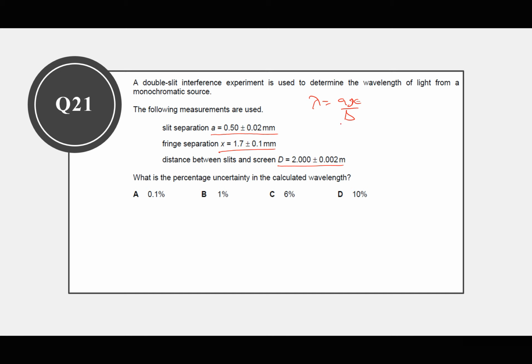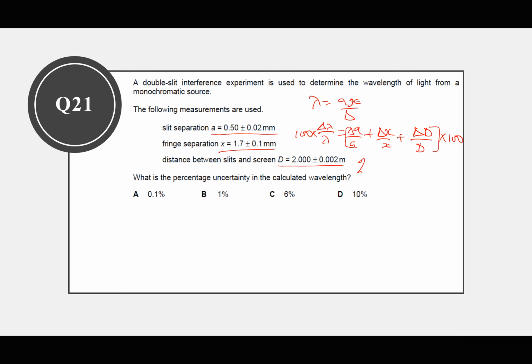Because of multiplication and division, we shall deal with fractional uncertainties. Multiply both sides by 100, it becomes percentage. So fractional uncertainty in wavelength is equal to fractional in A plus fractional in X plus fractional in D. Then I'll multiply both sides by 100, and this side by 100 is percentage.